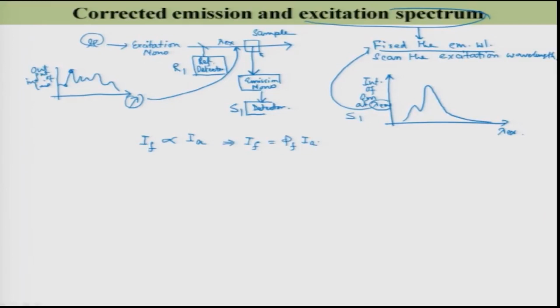Let me divide both sides by I0. IF divided by I0 is equal to phi f times IA divided by I0. This IA by I0 is nothing but I0 minus I by I0. So, this is equal to phi f times I0 minus I by I0, which is equal to phi f times 1 minus I by I0.